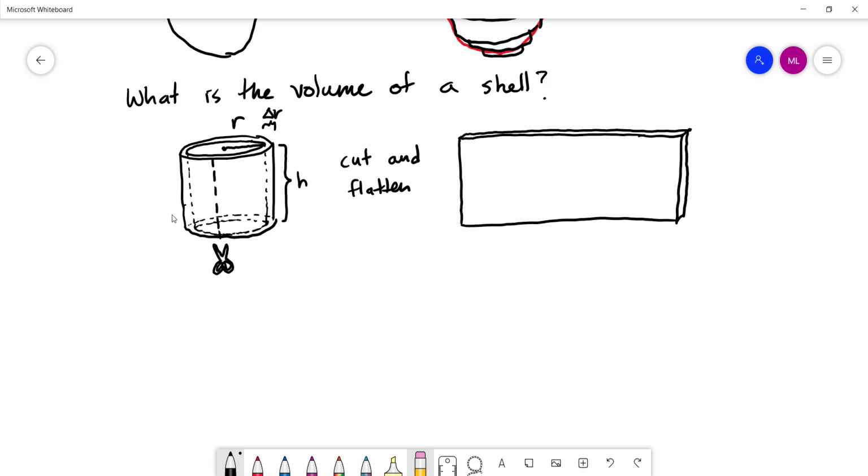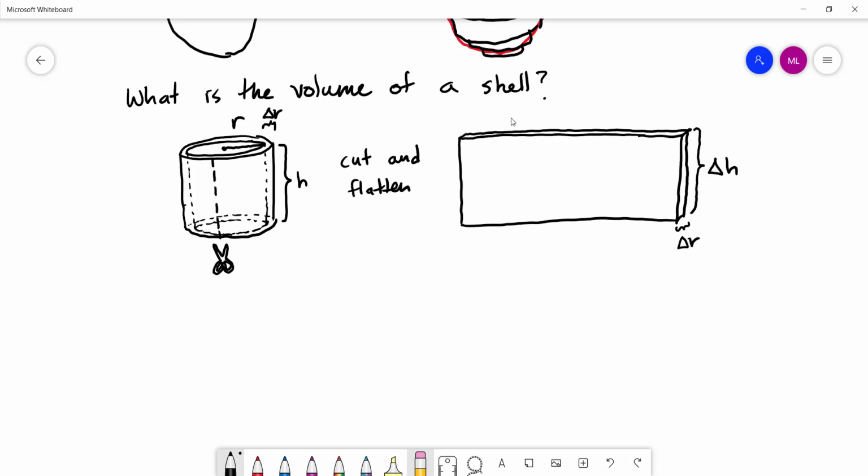And if I can translate some of these dimensions that we drew over here to this picture, the thickness of this thing is still our delta R. This dimension is still our delta H. And the long length along this thing is going to be related to this radius R. If I want to see how long this edge is once we fold it flat, it's the circumference of the circle that makes up the base of the cylinder.